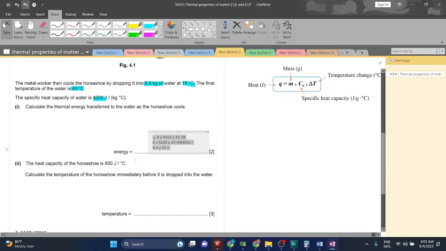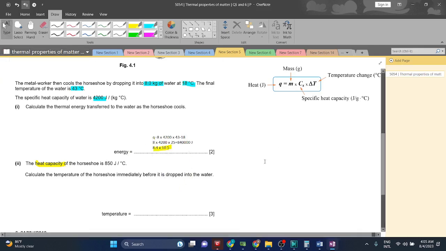The heat capacity of the horseshoe is 850 joules per centigrade. Calculate the temperature of the horseshoe immediately before it is dropped into the water. तो इसने हमें heat capacity दी हुई है, and we also do have the energy. ठीक है ना? 840,000 is the energy.